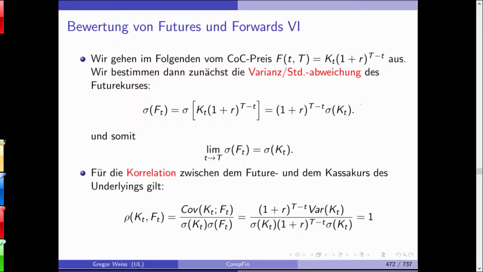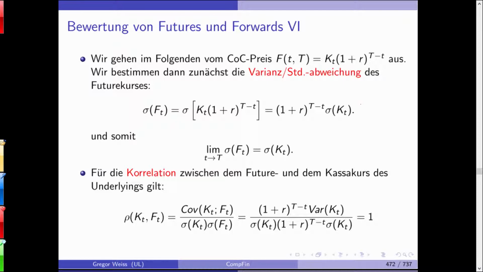Meaning that the volatility of the future price will decrease or increase to the volatility of the spot price simply due to the convergence of the future price to the spot price. So in the end, you will see volatility that is close to the volatility of the spot price, which is a simple result and simple effect due to the idea that the future price will become the spot price if we reduce the maturity and length of the contract.